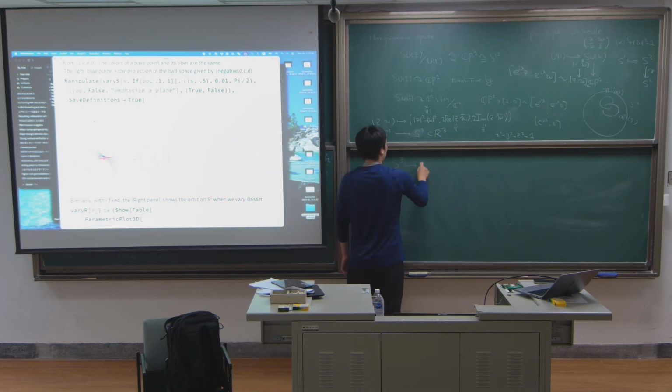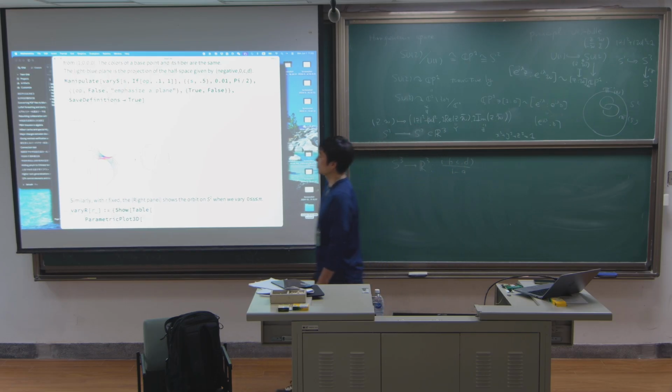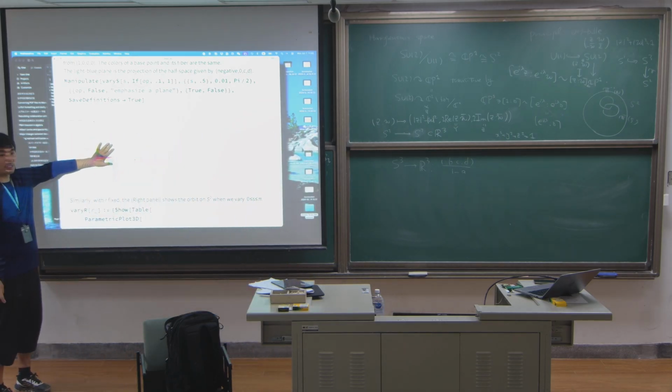S3 is mapped to R3 by b, c, d over 1 minus a or something like that. So the left-hand side can be understood as S3 with one point removed, identified with R3.